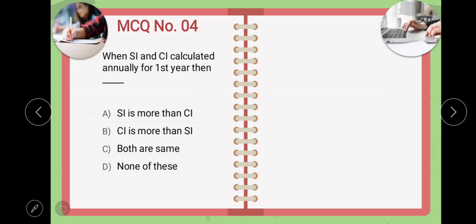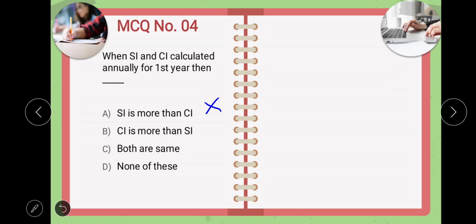If we calculate simple interest for the first year and compound interest for the first year, is simple interest more than compound interest? Is this correct? No. Compound interest is more than simple interest.